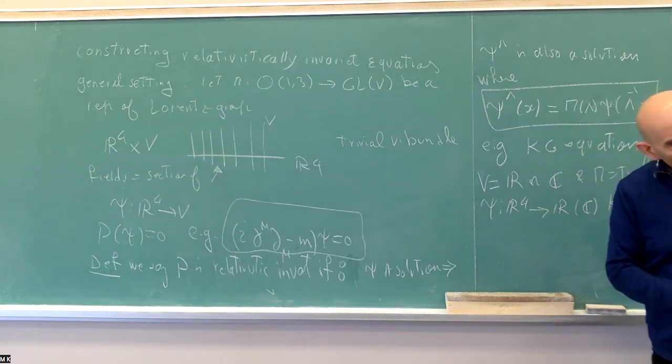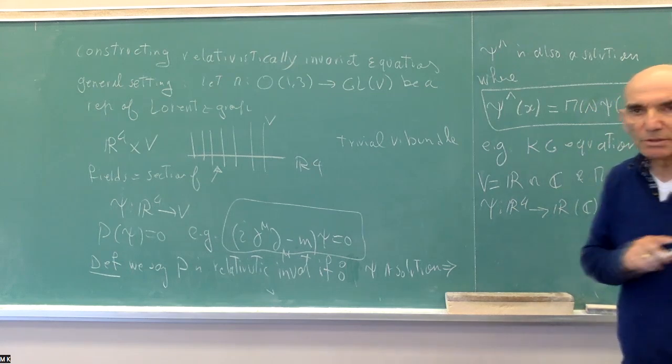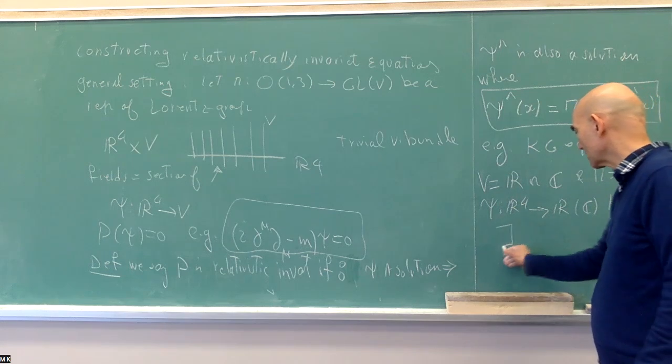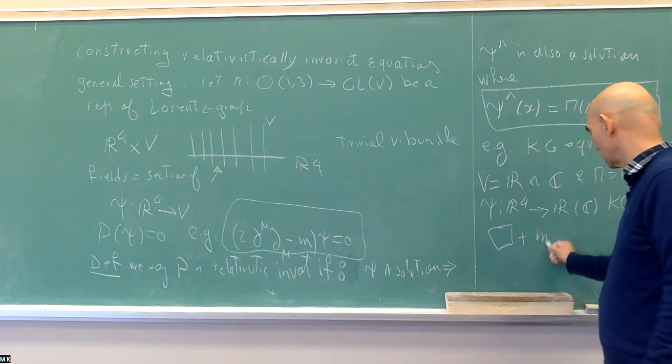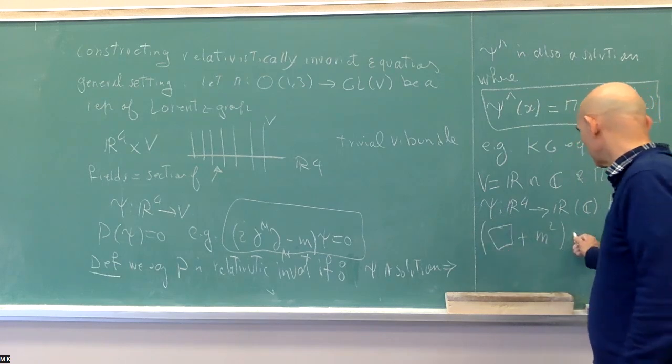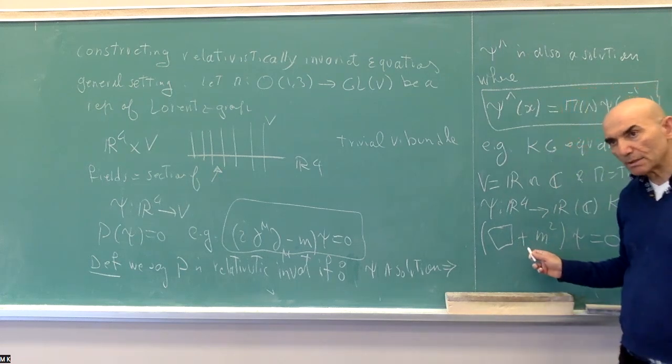So what is the Klein-Gordon equation? It's box plus m squared psi is equal to 0. So now what is box?